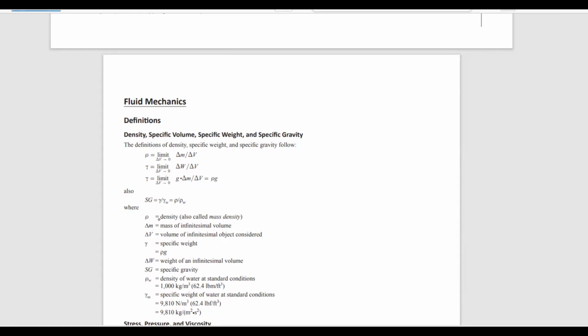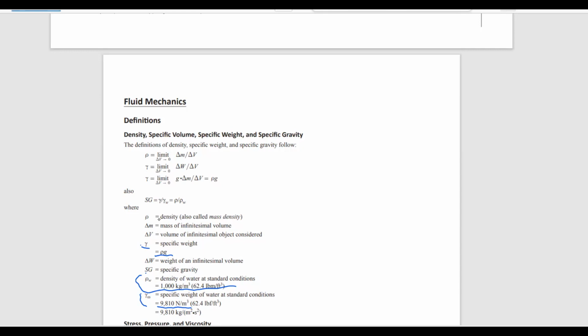And then this is also a very important formula, unit weight, which I already wrote in our problem, for you to know the relationship between unit weight and density. And then here is the density of water, also given here, 1,000 kilograms over meters cubed, and the unit weight of water, it's 9.81 kilonewtons over meters cubed. Wonderful.